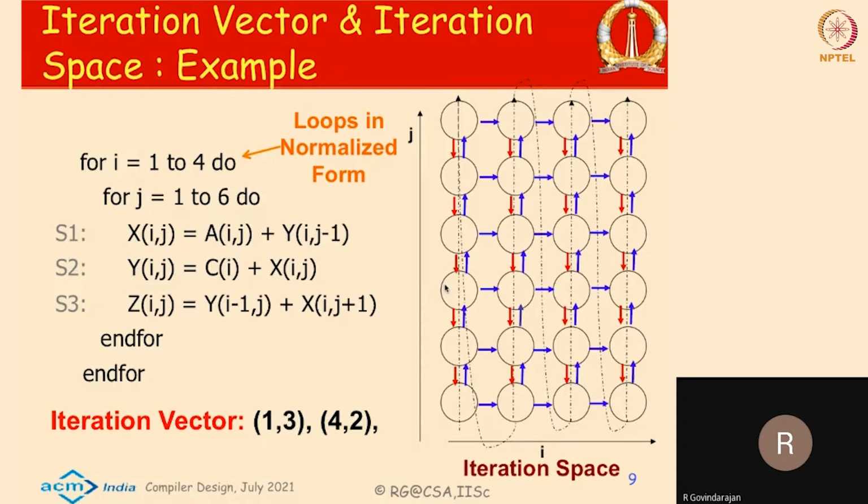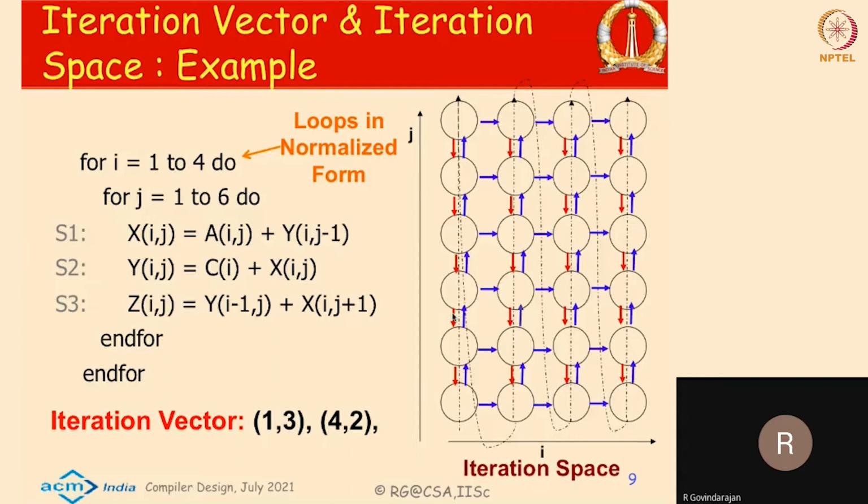You can also see that there is an anti-dependence that we talked about. I think it is this one, between this x i j and x i comma j plus 1, which is basically a 0-1 anti-dependence. That's essentially what is represented by this red arrow.